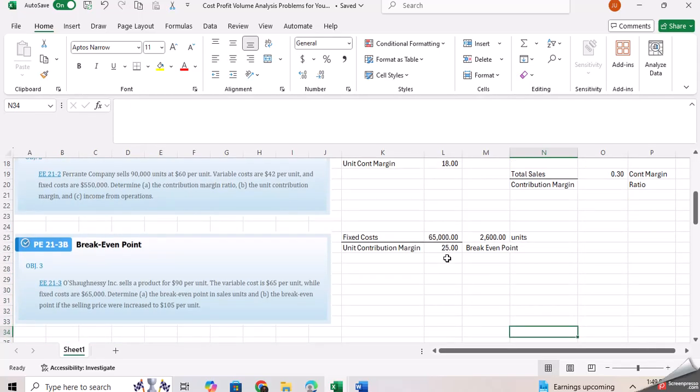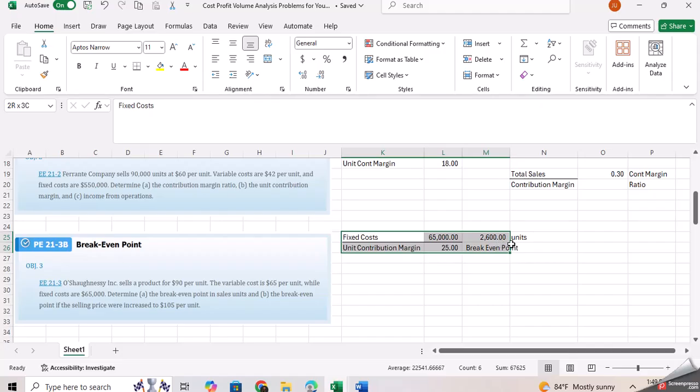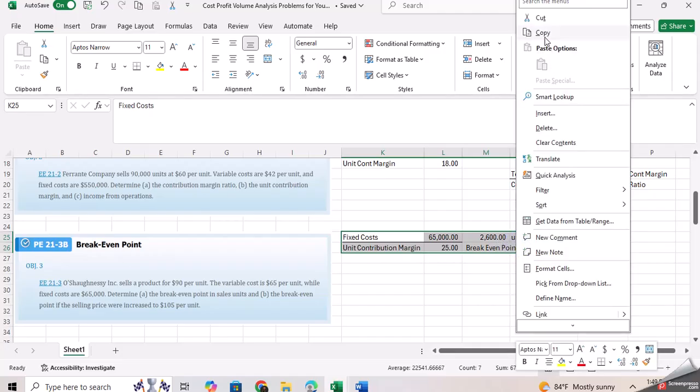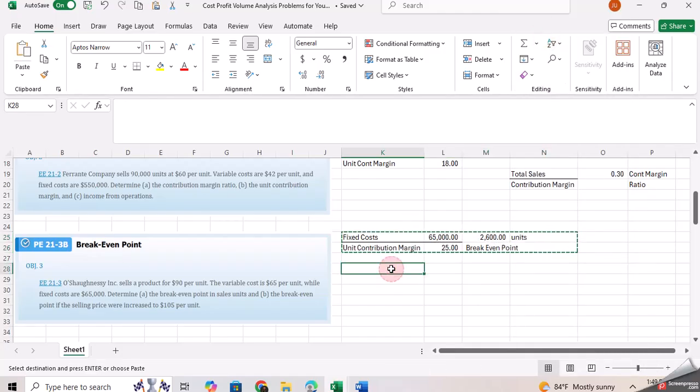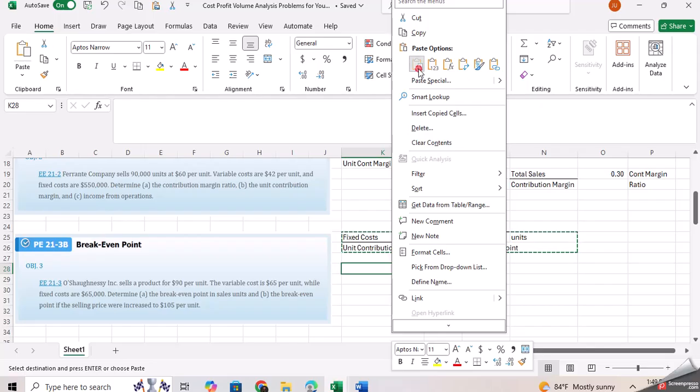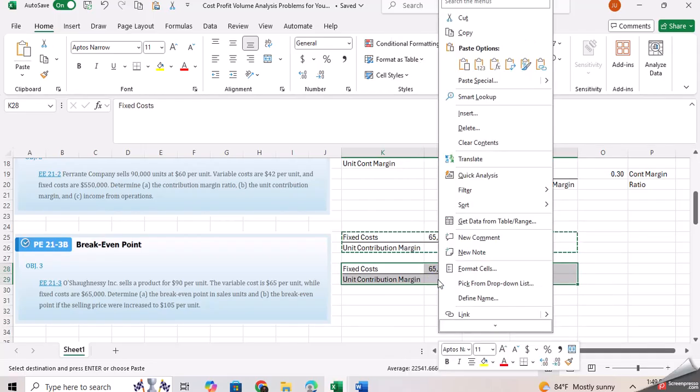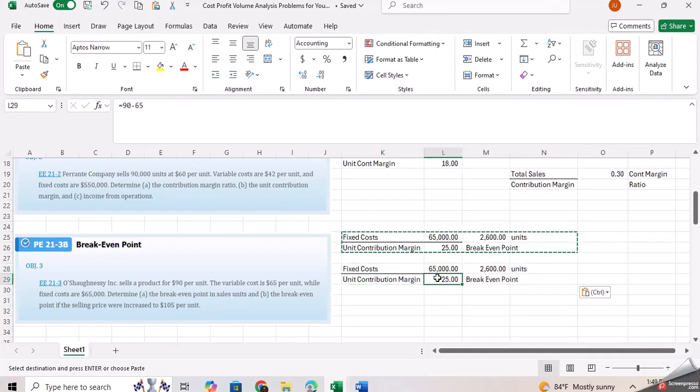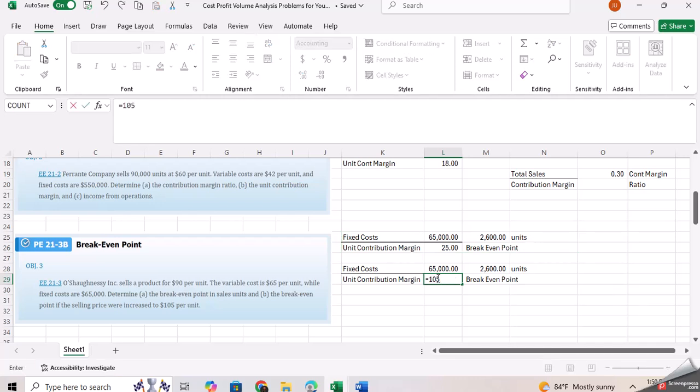Okay, then the break-even point if the selling price were increased to 105. Again, same formula. I'm going to copy these down, but we'll just change those numbers. It's still our fixed cost divided by that unit contribution margin. But now it's not 90 minus 65, it's going to be 105 minus 65.